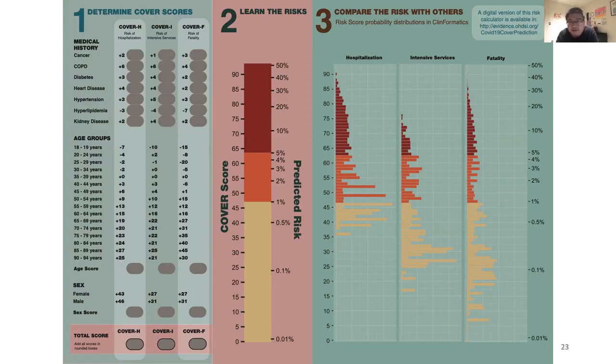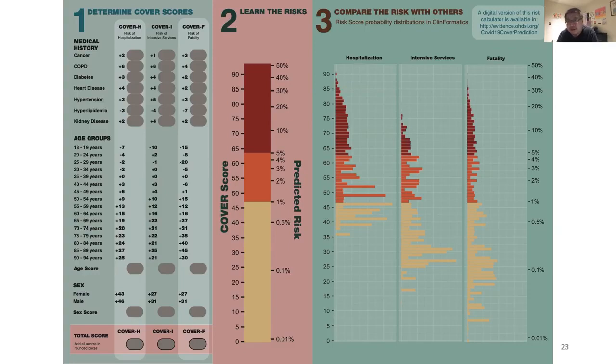This figure also presents the risk converter, which allows for easy conversion between the risk score and the predicted risk of different outcomes. And they provide a plot of the probability distribution of the three models of patients to demonstrate the expected regions the probability falls into.